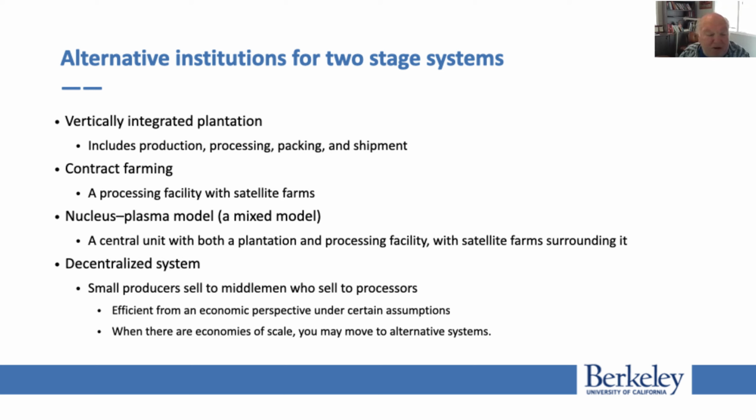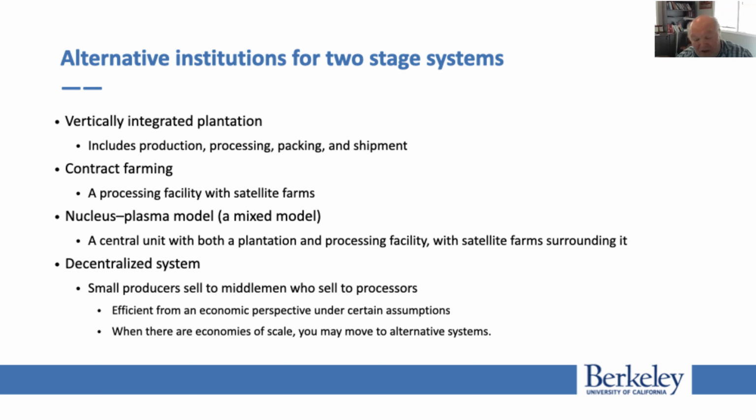There is a mixed model called nucleus plasma, where a company has a big feedstock production and then buys from others. An example is Gallo wine, a winery. Big wineries have a lot of land that they control in order to understand how to grow wine better. And then they have a lot of suppliers, and they tell the suppliers how to produce, and they buy it and sell the wine.